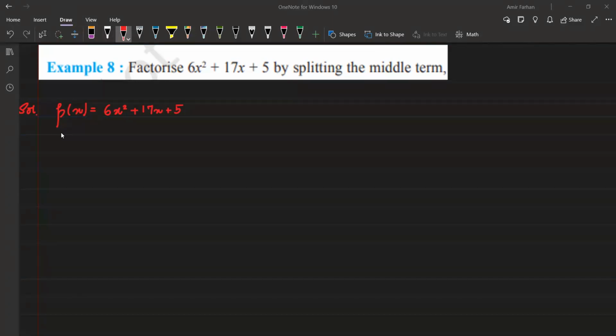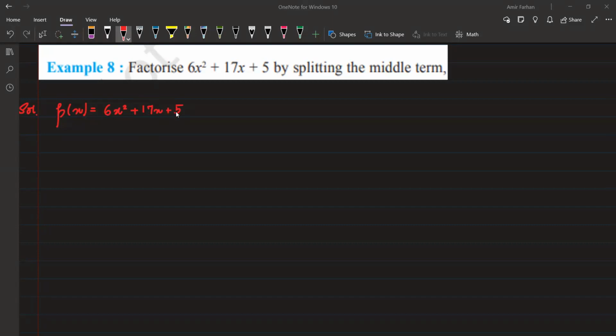Okay, so let's do one thing. How do you proceed with this middle term split? You have to split this middle term in such a manner that if you split it into two terms, the product of these two terms should be equal to the product of A and C. This is A and C, yes or no?